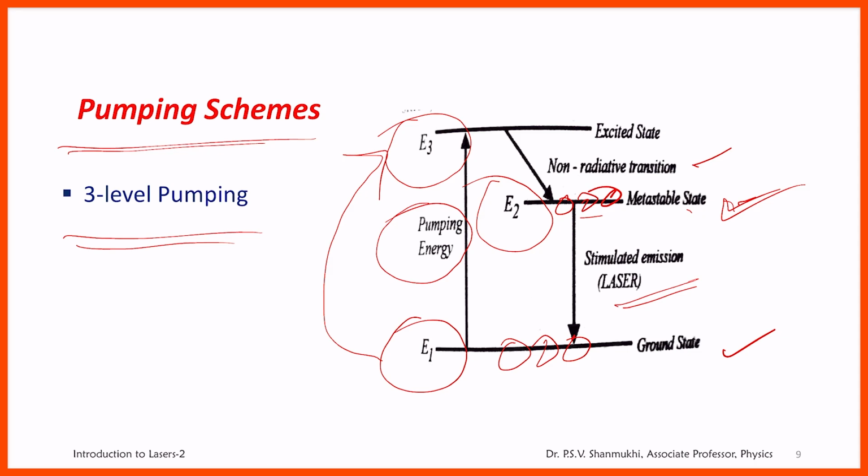I will explain this in the next article. Now, simply coming to the 3 level pumping scheme, there exist 3 energy states: the ground state E1, excited state E3, metastable state E2. Ground state is highly stable, whereas the excited state is highly unstable. The metastable state is an intermediately stable state. So 3 energy levels are existing in this one. That's why it is called a 3-level pumping scheme.